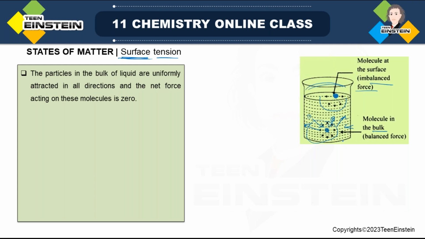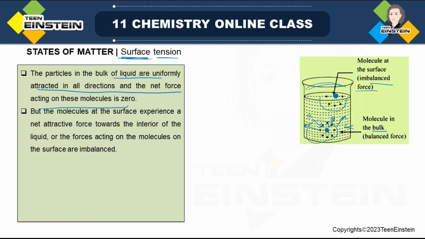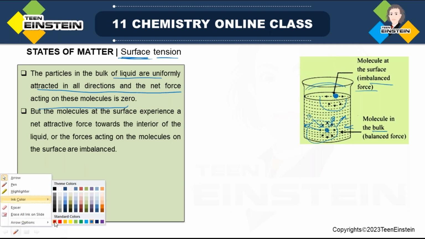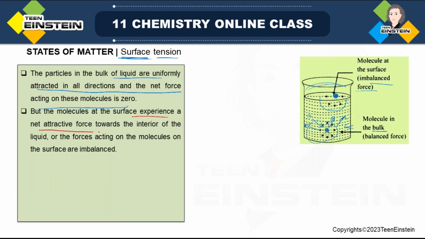So the particles in the bulk of the liquid are uniformly attracted in all directions, and the net force acting on them is zero. But the molecules at the surface experience a net attractive force towards the interior of the liquid. So they feel a pressure inside compared to this area.